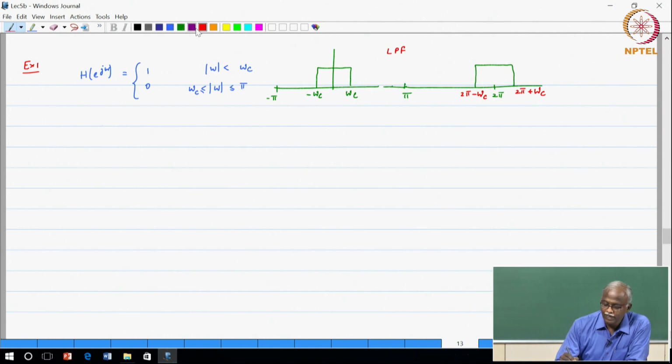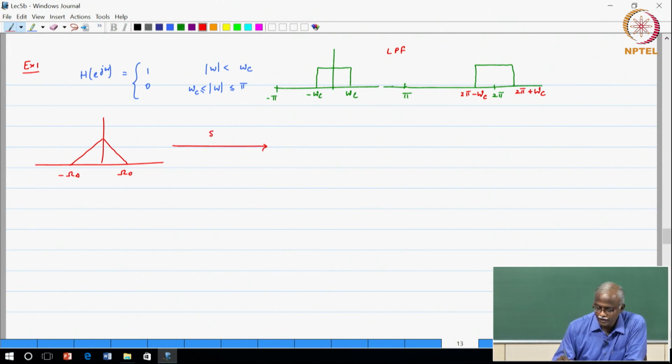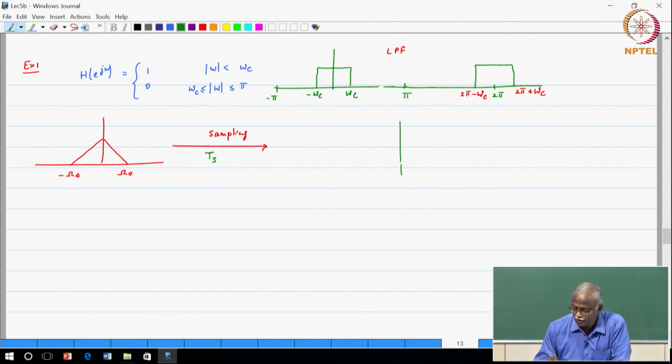Now, I have a continuous time signal which is band limited from minus omega naught to omega naught, which through the process of sampling with a sampling period of Ts, which satisfies the Nyquist criterion, gives us the following.